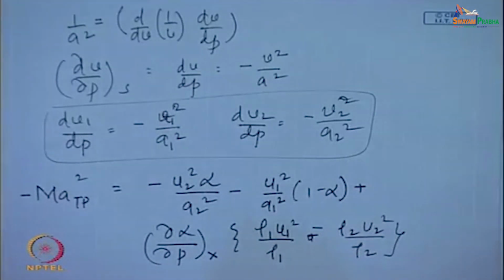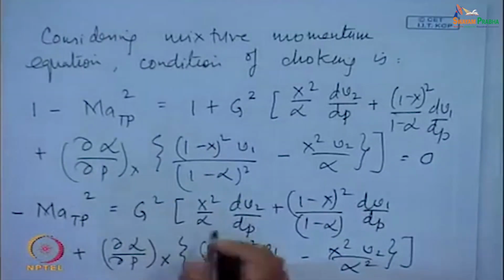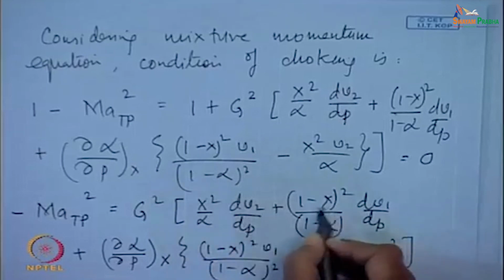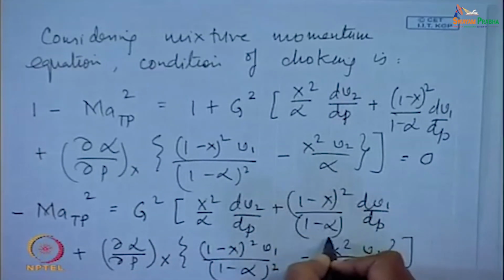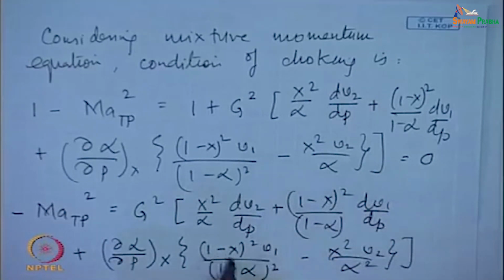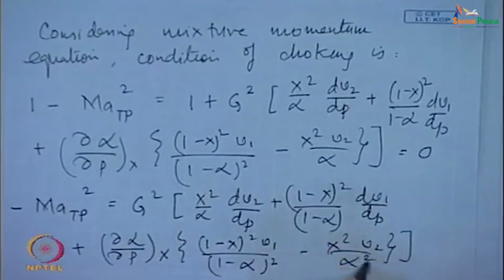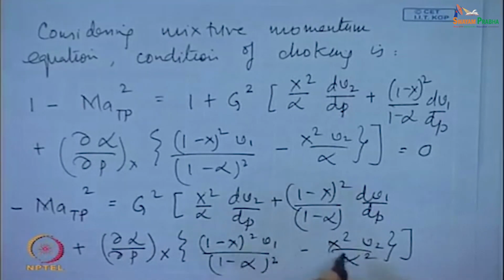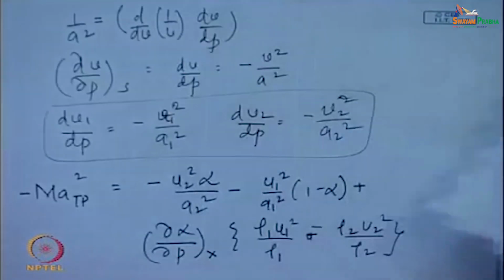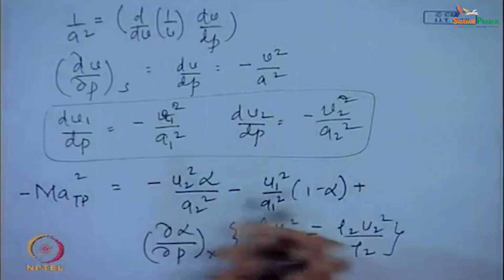If you make all the substitutions, if you substitute your x square by alpha, substitute dv2 dp, substitute 1 minus x whole square by 1 minus alpha, substitute dv1 dp, then substitute these terms, the substitution I have already told you. If all of these are substituted, then finally you arrive at the derivation which I have obtained.